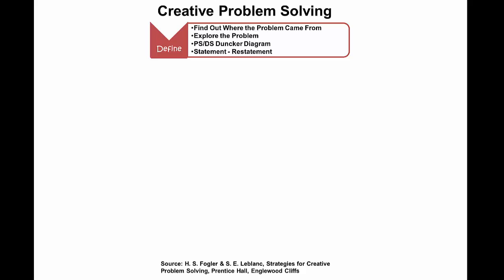Another thing that we need to consider here is the Dunker diagram. The Dunker diagram is a very simple pathway that shows whether it is okay not to solve the problem posed to you, or whether we will see that no, it's not okay not to solve the problem.